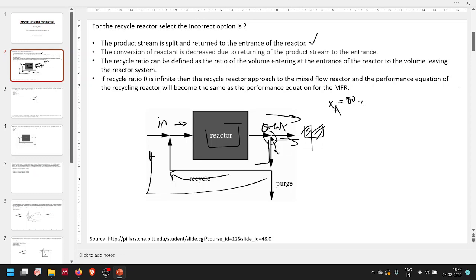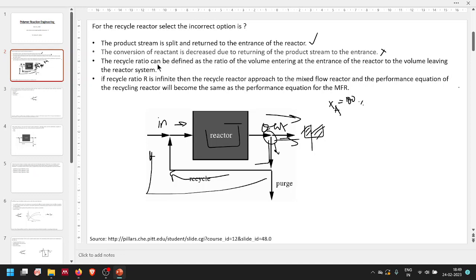So when you send back the recycle stream to the inlet, the unreacted reactants react with the inlet stream inside the reactor, and then the product is formed. So the conversion of the reactant does not get affected because of the product stream returning back to the entrance. So this statement is false.